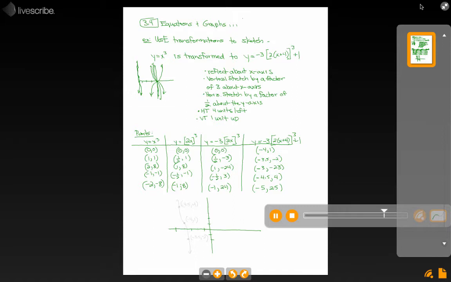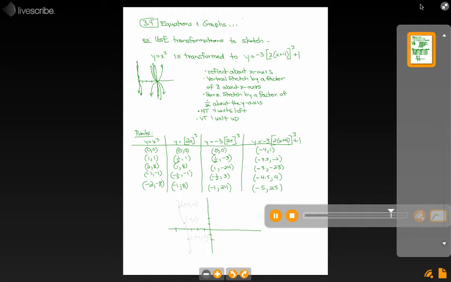So again, 4 units to the left, 1, 2, 3, 4, positive 1. This was the point that was originally going through the origin. Now if I plot a couple of these others, go to negative 3.5 comma negative 2, I've got a point over here.